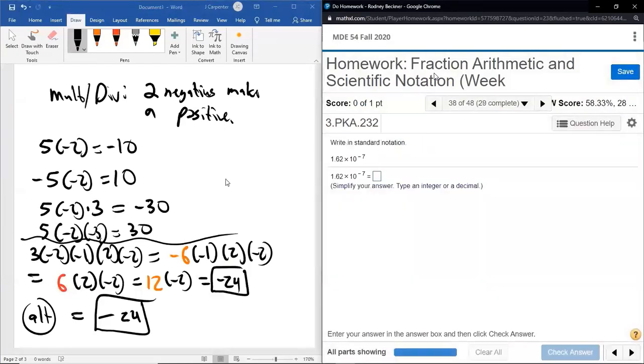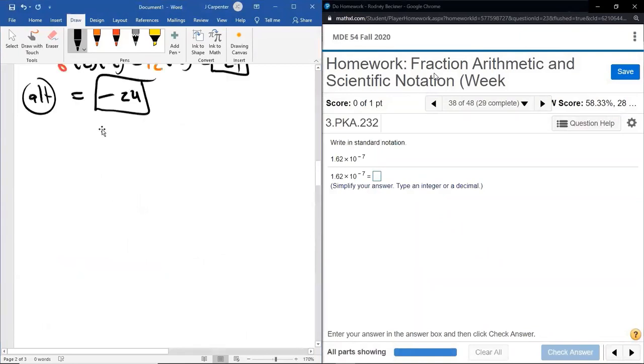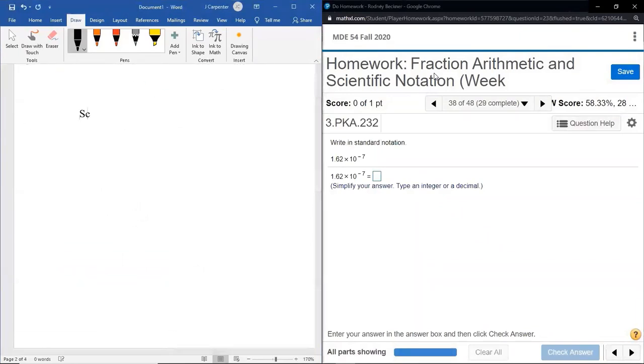All right. Scientific notation. Just making sure I had plenty of space. This is where you take a number like 4,500, you turn it into what would look like 4.5 times 10 to the third.